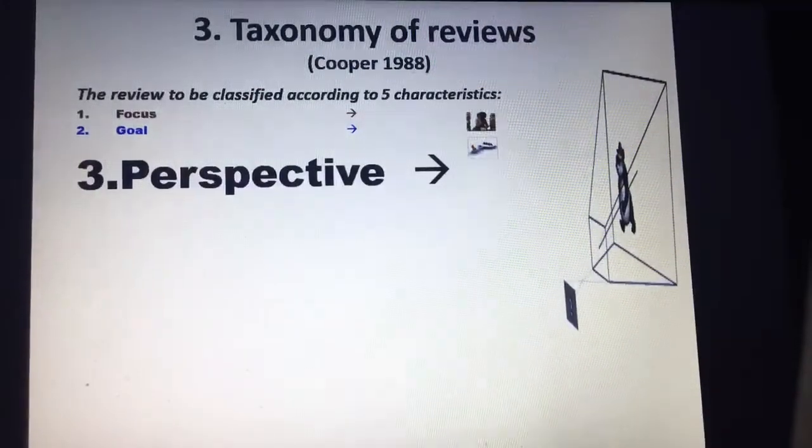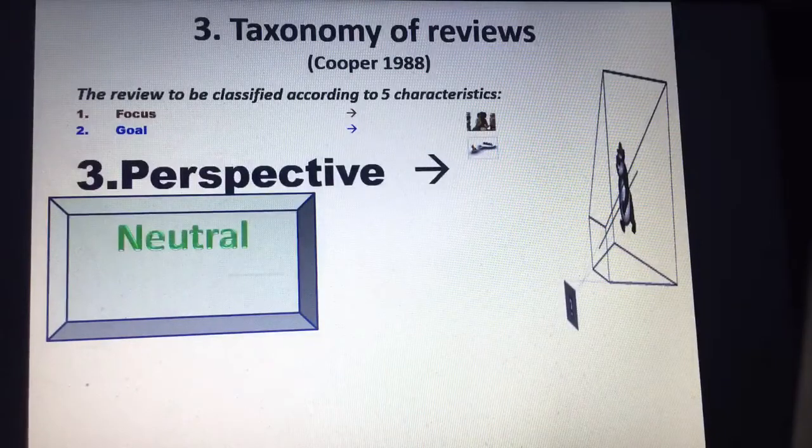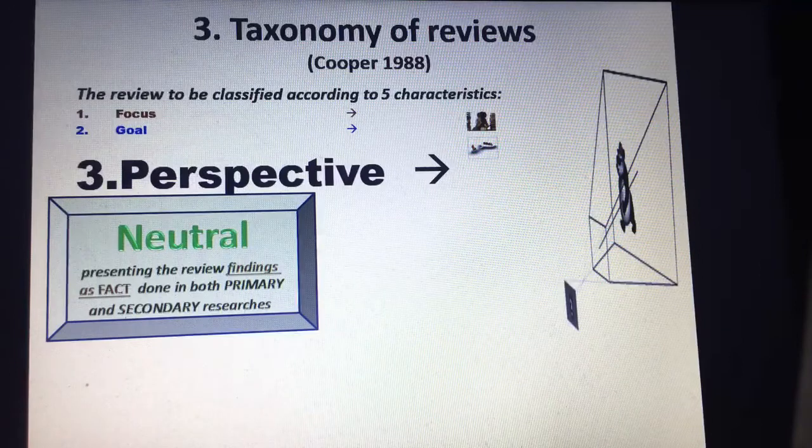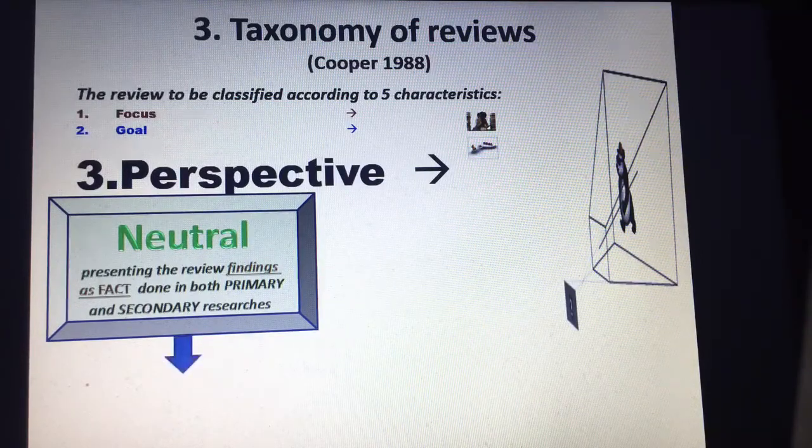And in perspective, there are two perspectives that you can follow. The first one is being neutral, where you are presenting the review findings as facts, done in both primary and secondary research. They are all facts.